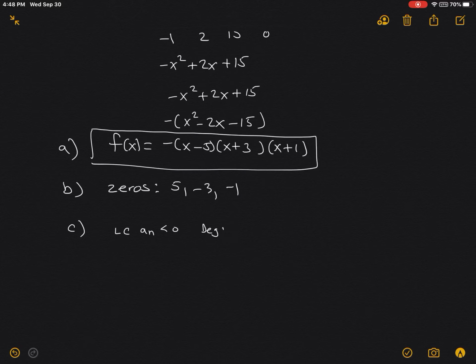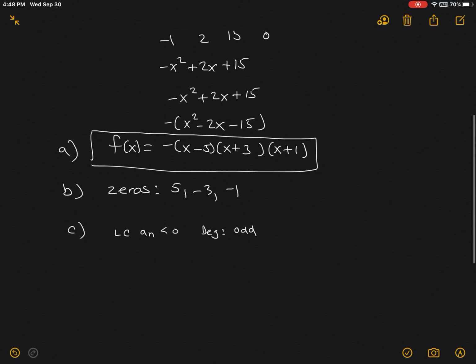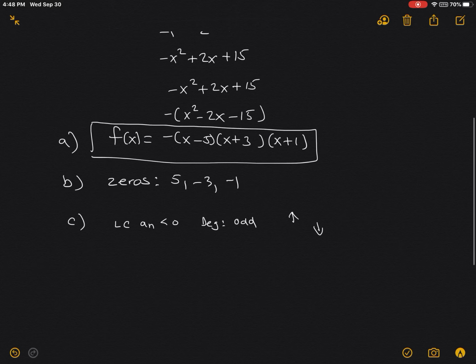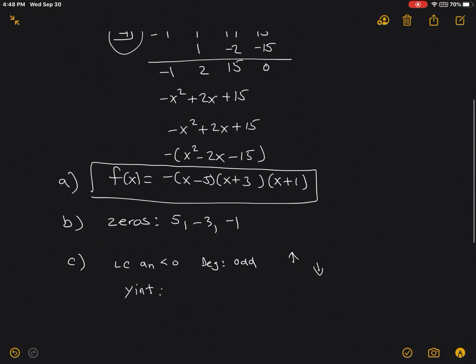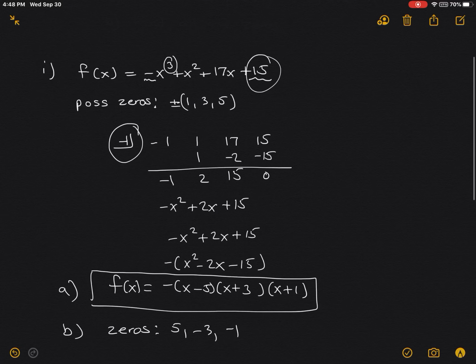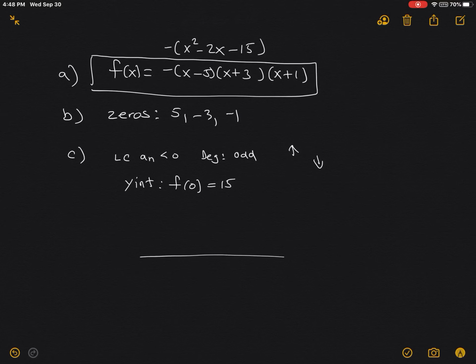The degree of this polynomial is an odd number because it's a cubic. That means our end behavior is going to be rise on the left, fall on the right. We also have a y-intercept in this problem. The y-intercept in this case is just 15. You could also find it by f of 0, and in this case, it's 15.